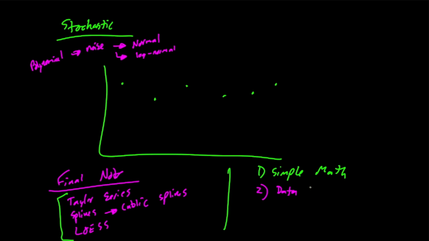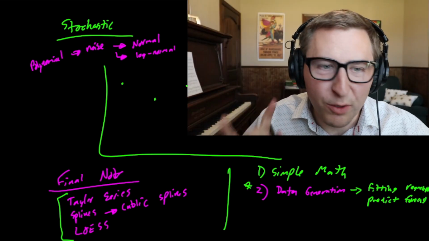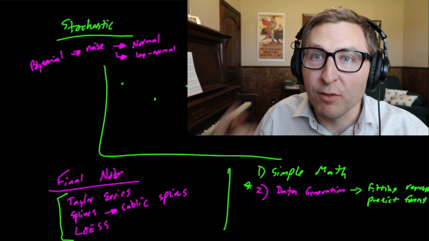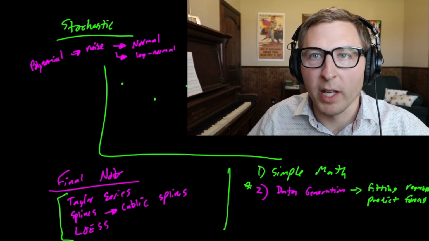But then after we get the data generation, then we can go into fitting some sort of regression or some sort of model to actually predict the forecast or the future runs here. So this is absolutely critical. Risk management is nothing more than understanding inference. It's understanding the relationships between the variables and then using that to do forecasting and prediction.